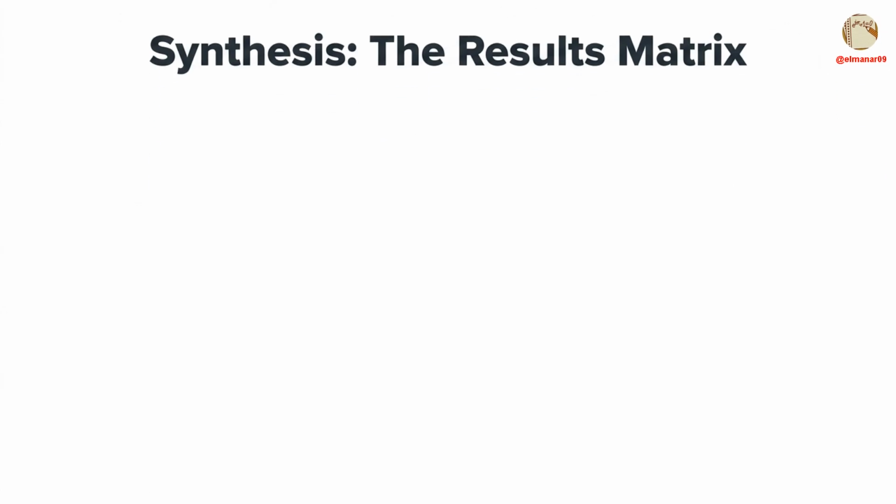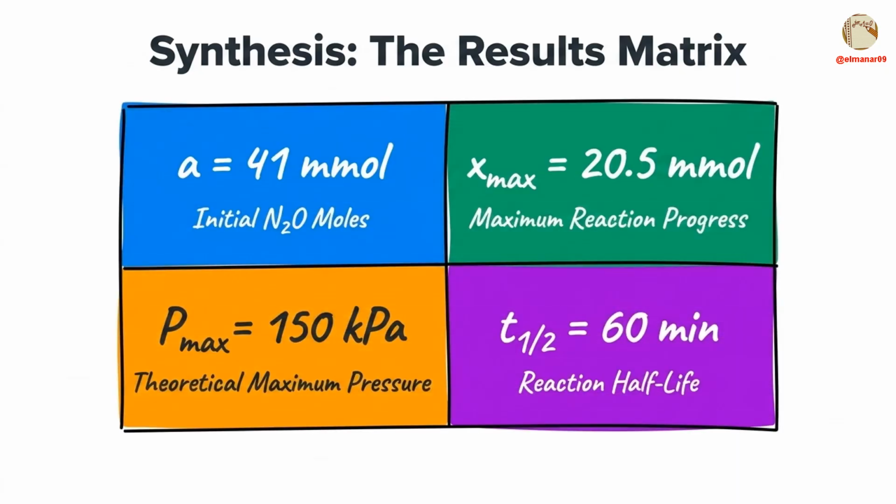Here is our synthesis results matrix, the big picture of everything we've discovered. A equals 41 millimoles, our starting point, the initial amount of reactant. Xmax equals 20.5 millimoles, our capacity, the maximum extent the reaction can reach.